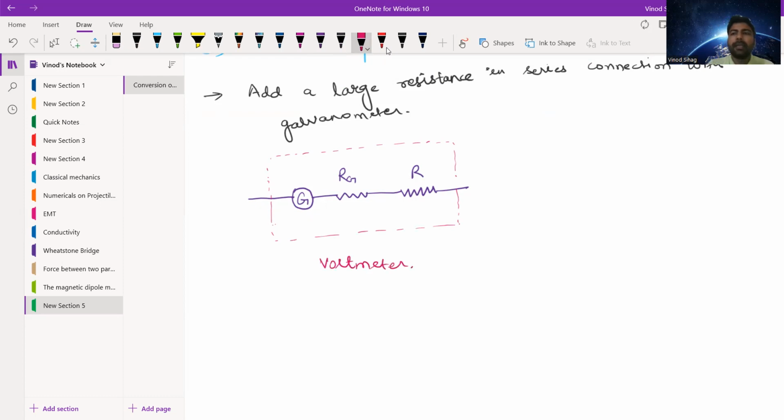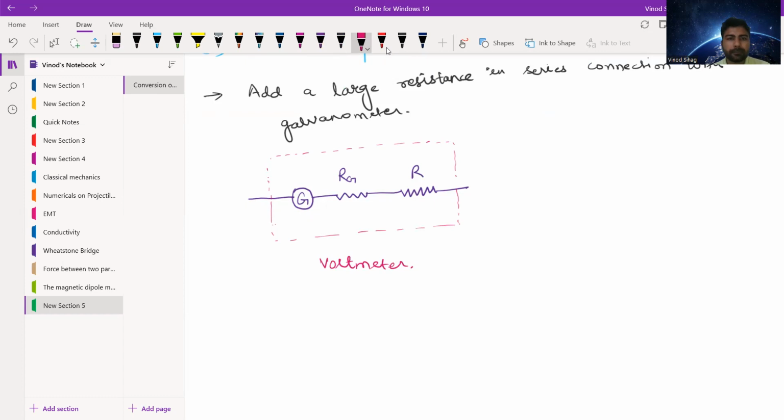Now if we talk about voltmeter, then we should also know what its voltage sensitivity is. Voltage sensitivity is nothing but deflection per unit voltage. And how to determine that? Again, we have the formula for the deflection, and from that we can find out the voltage sensitivity.